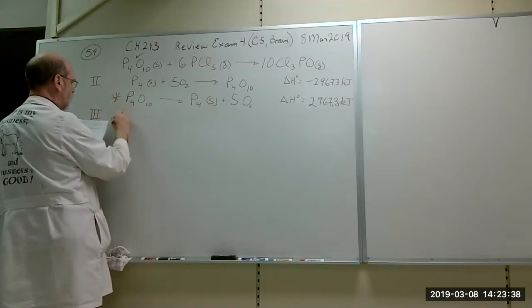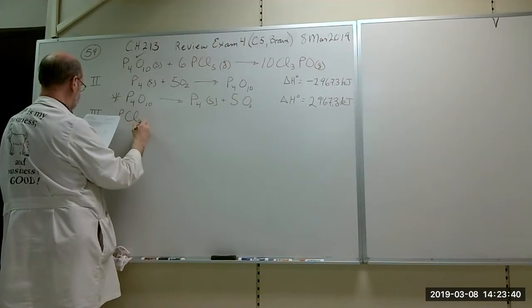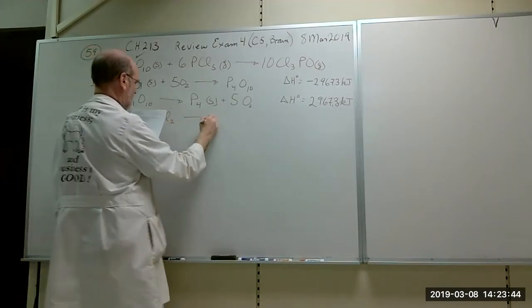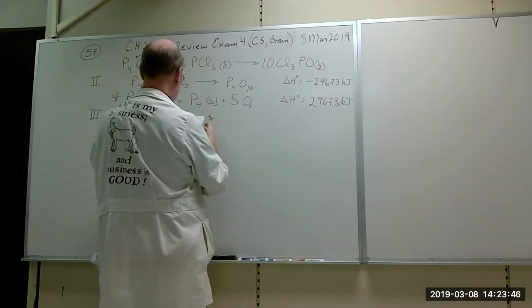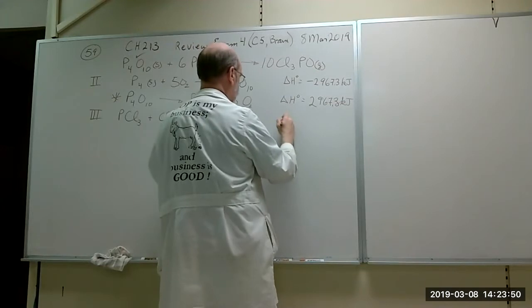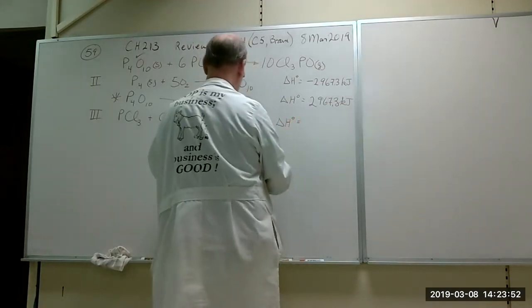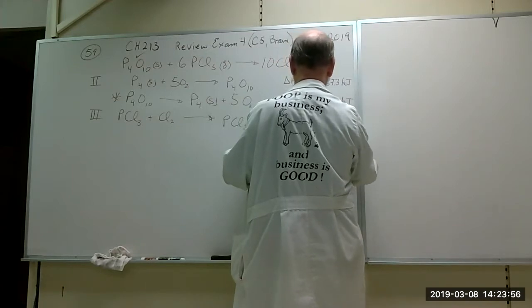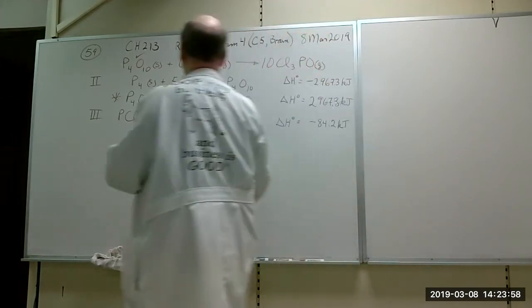So that's PCl3 plus Cl2 yields PCl5. And the delta H for that one is minus 84.2 kilojoules. Okay.